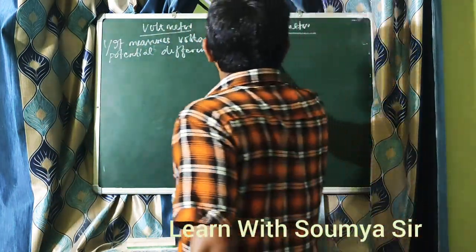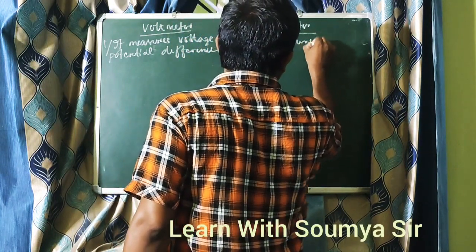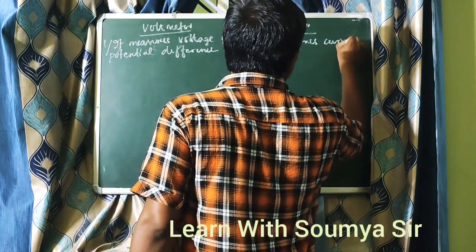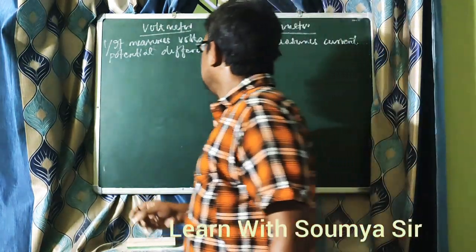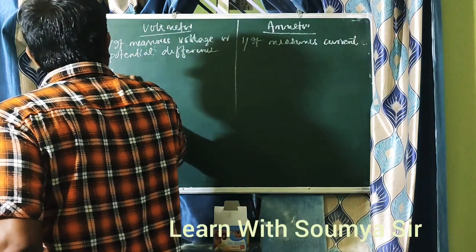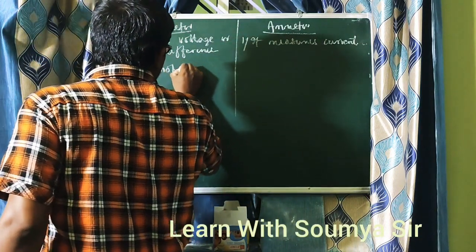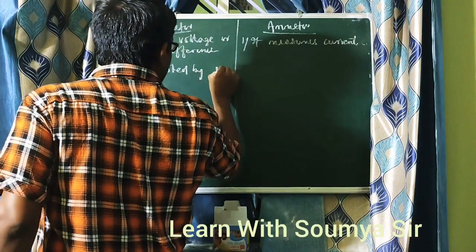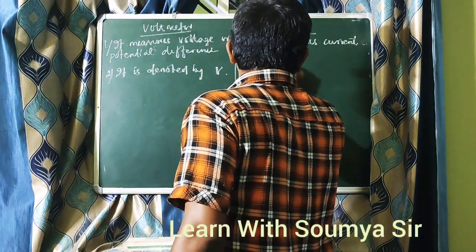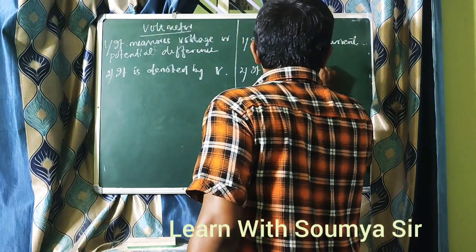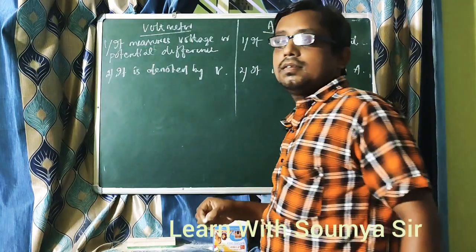Ammeter measures current. Next, voltmeter is denoted by V, and ammeter is denoted by A. Clear?